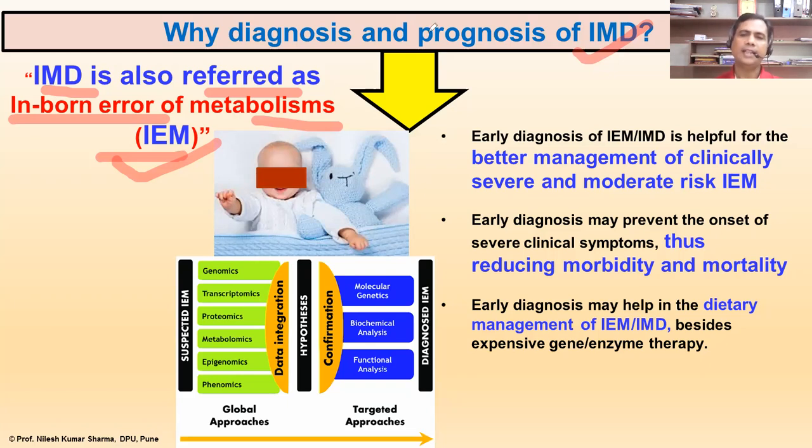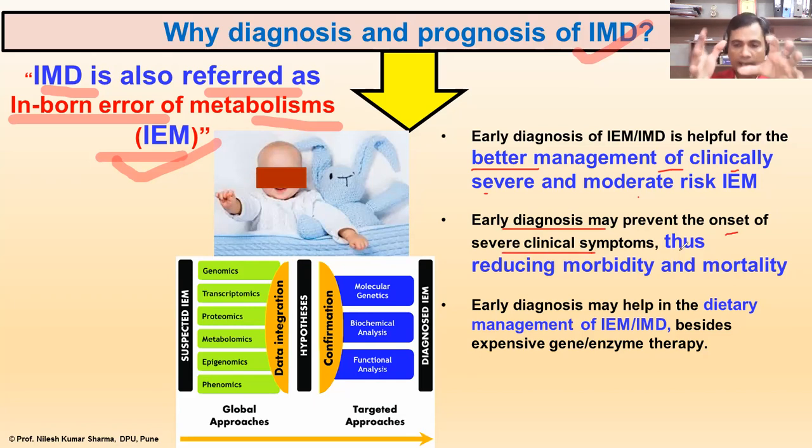So the whole idea is that early diagnosis of IEM and IMD is very critical. And why is it critical? It is for the better management of clinically severe and moderate-risk IEM. We can manage. See, the cure of the disease is very difficult and less available, but we can manage IEM or IMD by proper external management like dietary management, nutritional management, etc. So early diagnosis can also help prevent severe clinical symptoms.